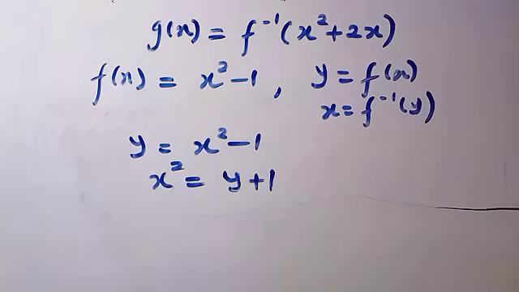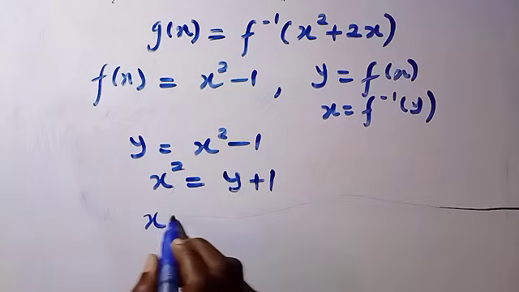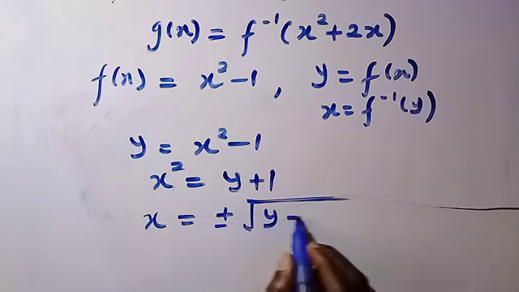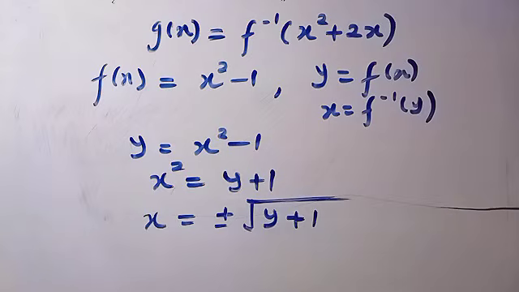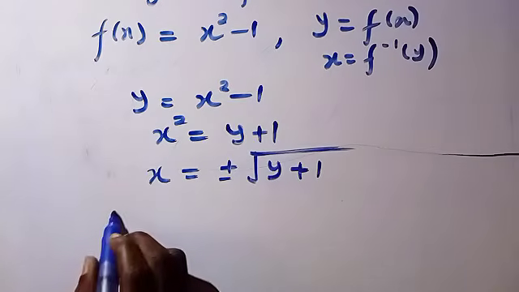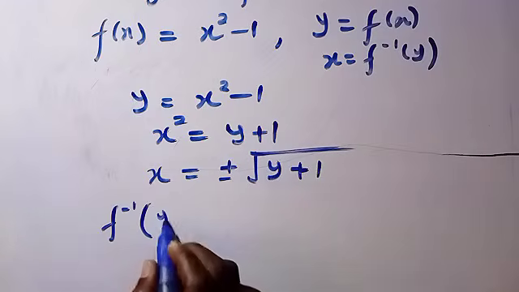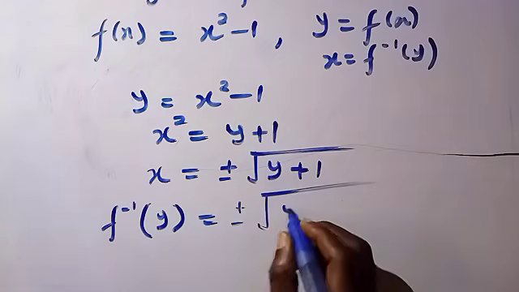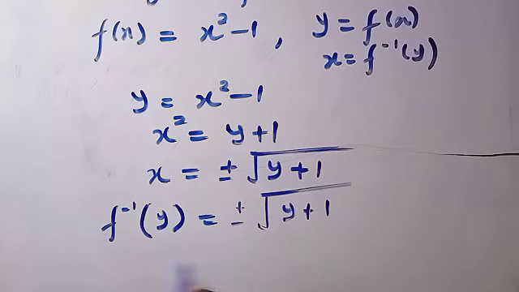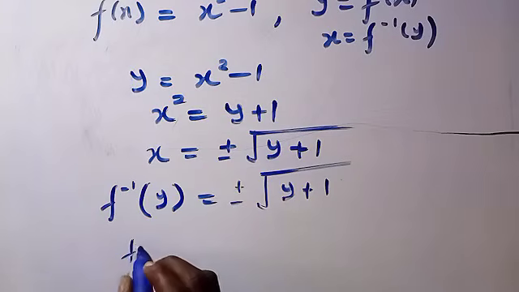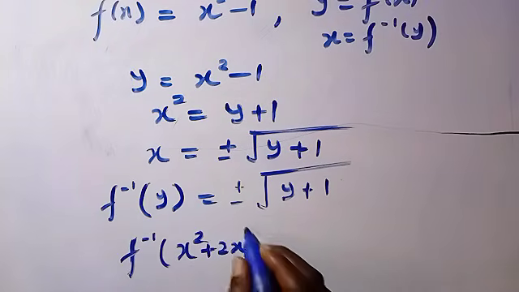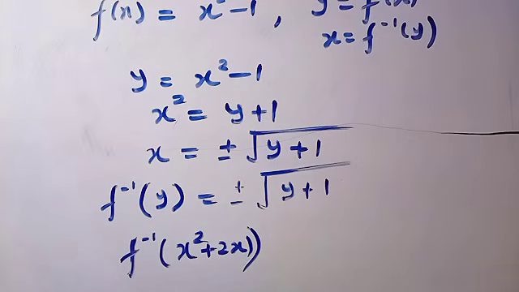And taking the square root of both sides, we have x equals plus or minus square root of y plus 1. But note that x, which is f inverse of y, equals plus or minus the square root of y plus 1. But note, f inverse of y can also be replaced with f inverse of x squared plus 2x, which equals g of x.